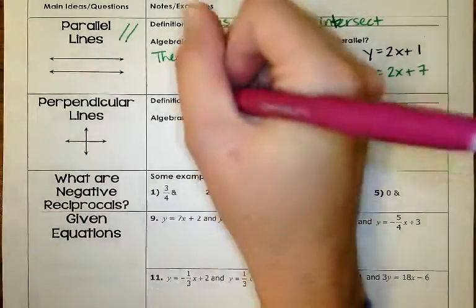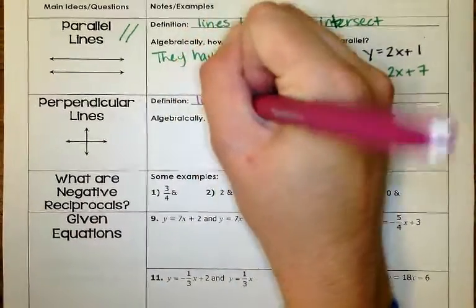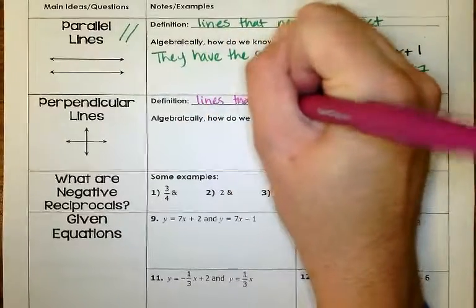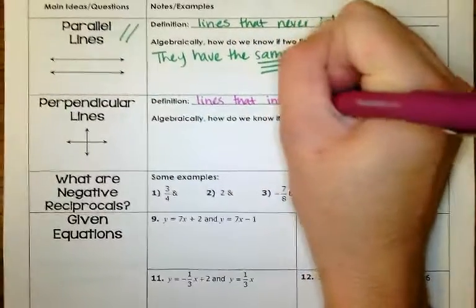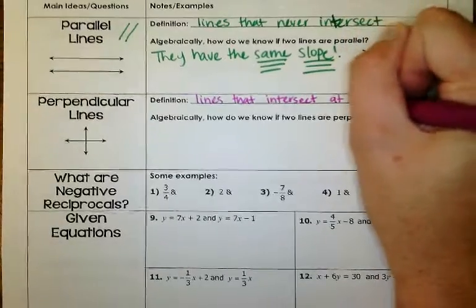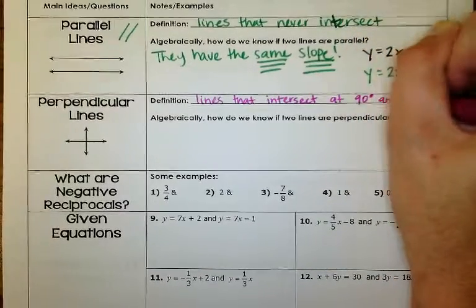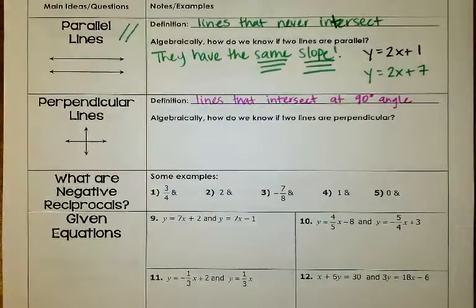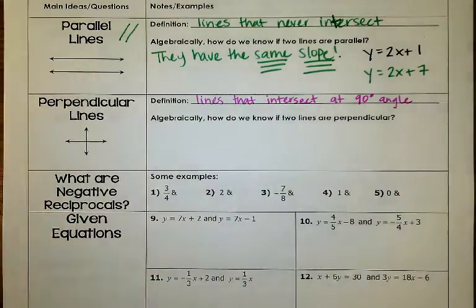So perpendicular lines are lines that intersect. They don't necessarily have the same intercept, but they do intersect, and they intersect at a 90-degree angle, or they intersect at a right angle. You're going to see this a ton when you get to geometry, because lines that are parallel have very special relationships, and lines that are perpendicular have special relationships.